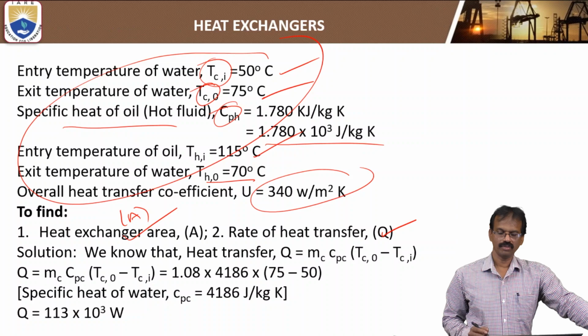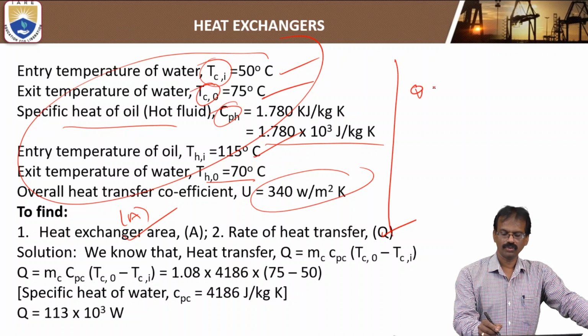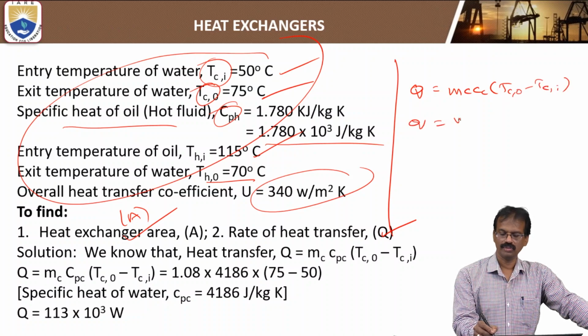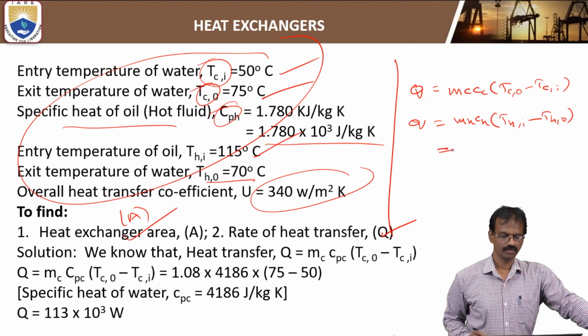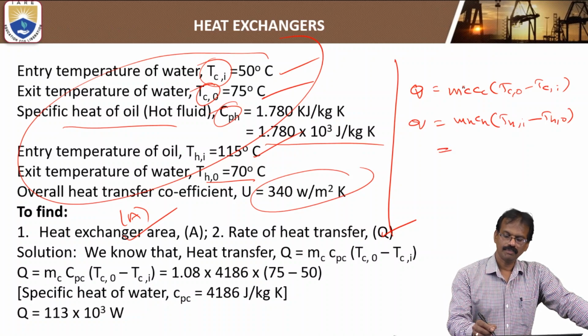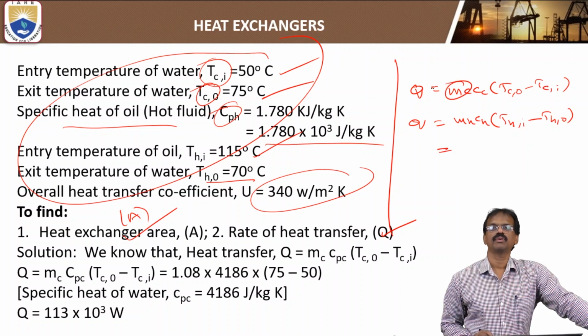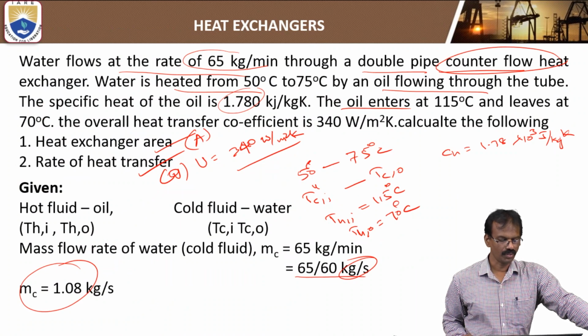So first of all, you find out the Q value. Q is equal to MC CC into cold fluid TC0 minus TCI, one formula. The same Q is equal to MH CH into THI minus TH0. So these are the formulas. Here MC, the mass flow rate of water, has been given. That is nothing but 1.08.